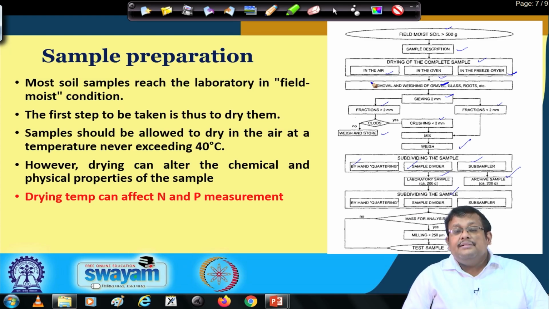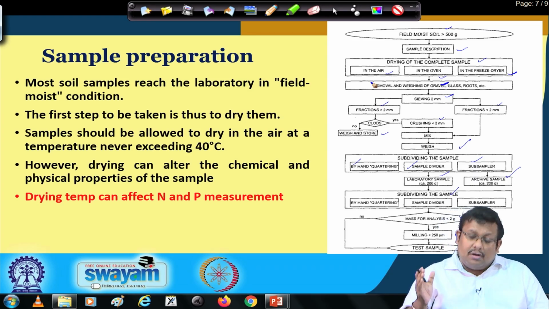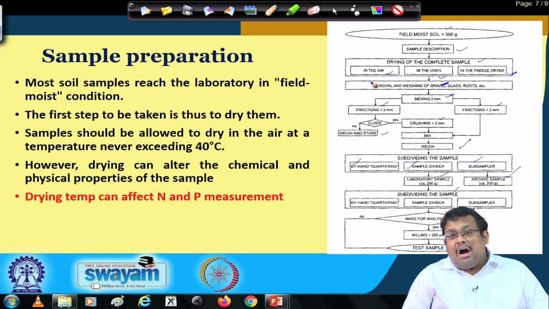We can either dry it in the air, which can more or less maintain the original composition. However, when we dry them in the oven, there is a chance of degradation of soil organic matter or organic pollutants.